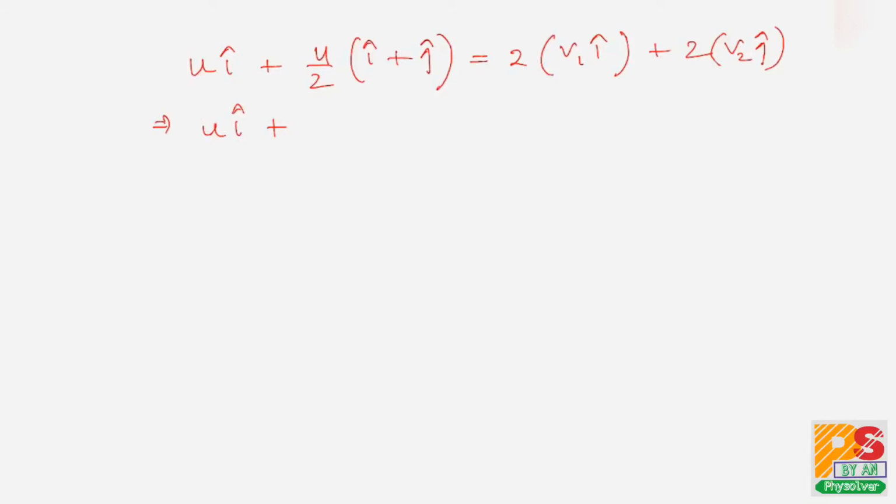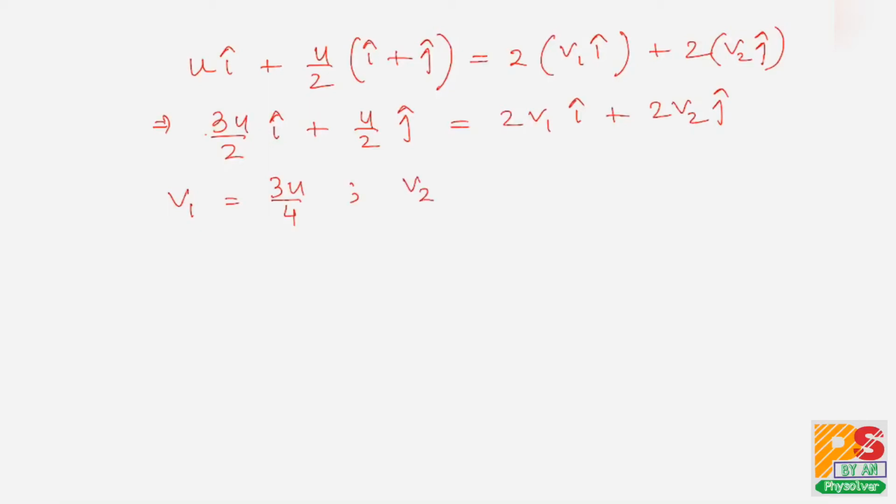If we compare this, you will get 3u by 2 i cap plus u by 2 j cap equals 2 v1 i cap plus 2 v2 j cap. Comparing, v1 is 3u by 4 and v2 is u by 4.